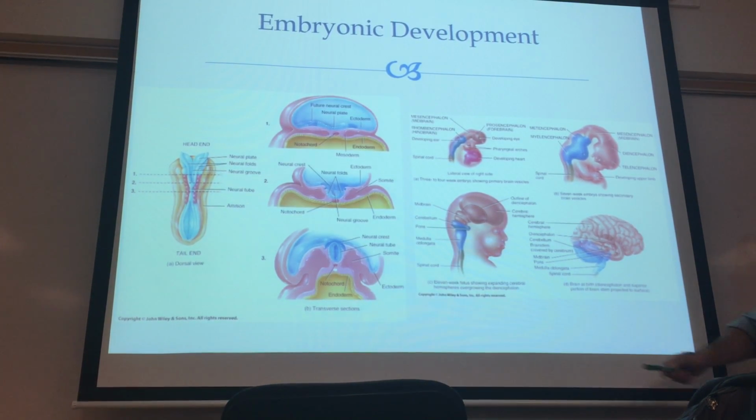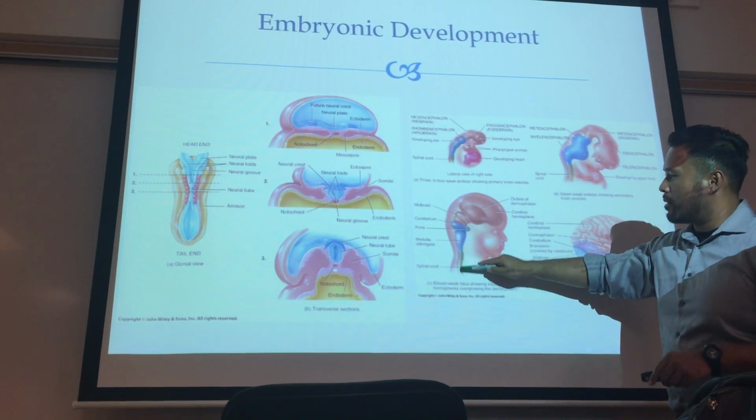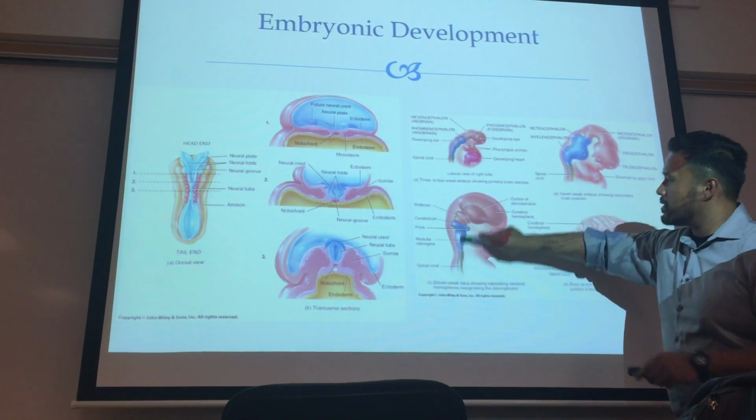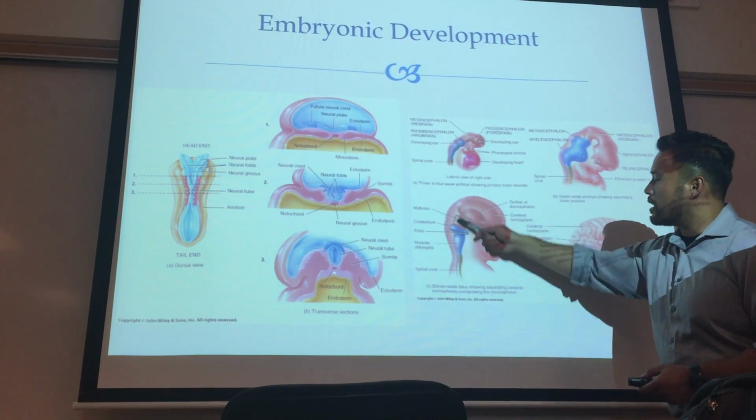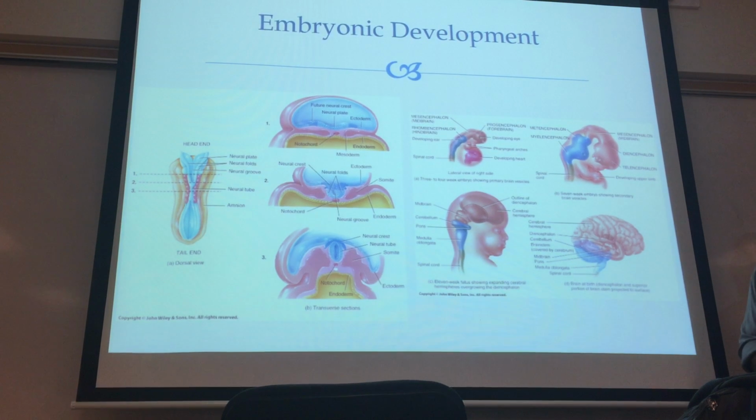The other tail end becomes the spinal cord, and this creates that profound development. Looking from a lateral view, you can see that the telencephalon grows much further, and I'll show you that on the next slide.